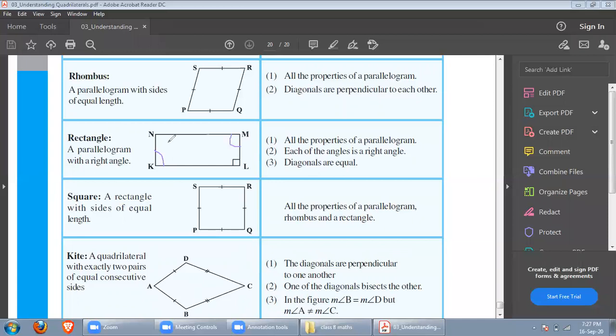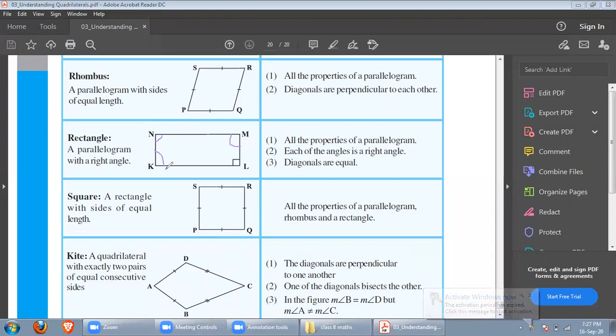Again, the adjacent angles are supplementary. So this being 90 degrees, this will automatically become 90 degrees. And these are adjacent, so if one of these is 90 degrees, this will also be 90 degrees. So all the four angles will be 90 degrees in a rectangle. That's how we prove it, because this is also a parallelogram.